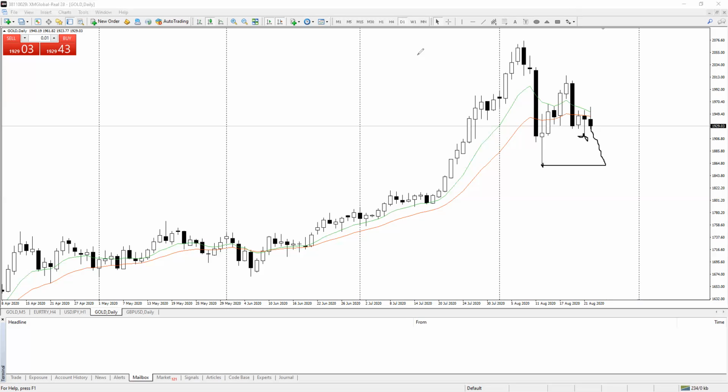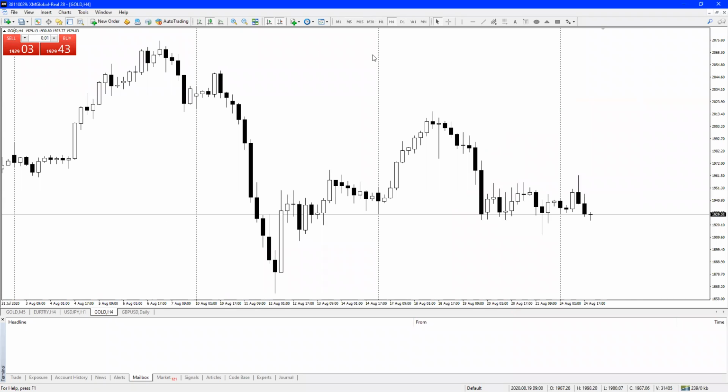Now let's go into 4 hour to have a look. Okay, so I'm going into 4 hour, and this is what we have. In 4 hour, we have something in the price chart pattern called head and shoulder, right? So let's take a good look at this. In this area, we have buys, okay?